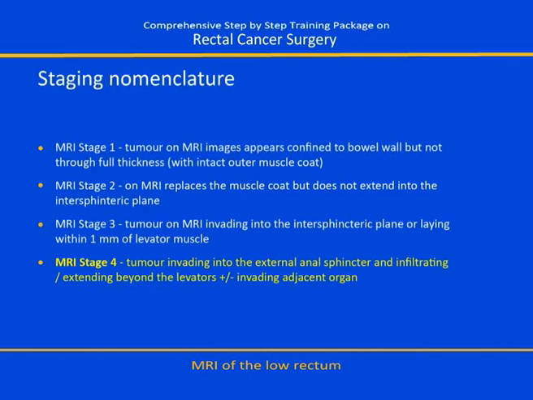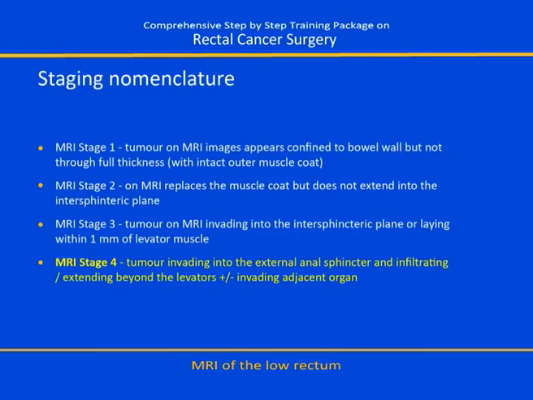And then stage 3 are those tumours that have got through the muscle coat and are either abutting the intersphincteric plane or actually frankly invading the intersphincteric plane, or lying within a millimetre of the levator muscle, so involving the mesorectal fascia. So those are cases where we would consider the margin to be at risk from the TME approach.